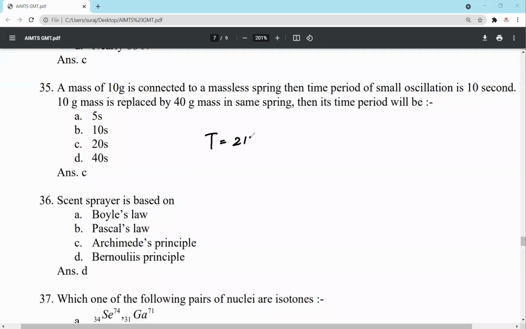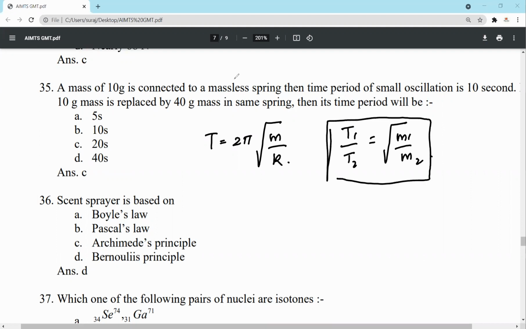Time period is equal to 2 pi root over m by k. So I can write T1 by T2 is equal to root over m1 by m2. Clear? m1, m2 are given.